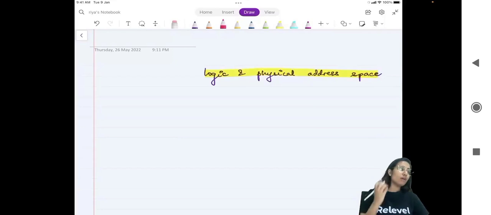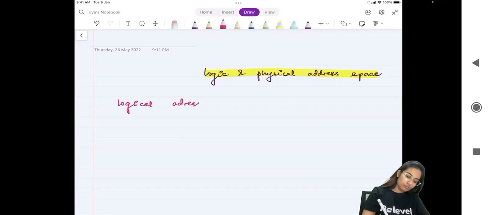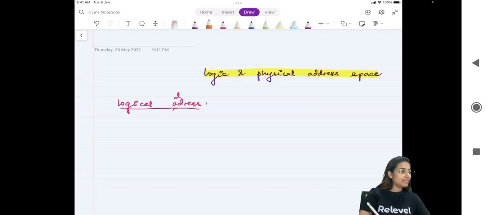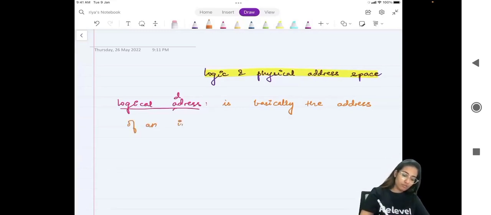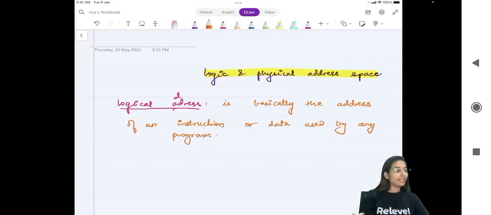Whenever we talk about a logical address, it is the address of an instruction or the data used by any program.